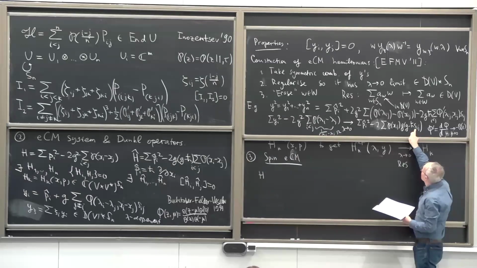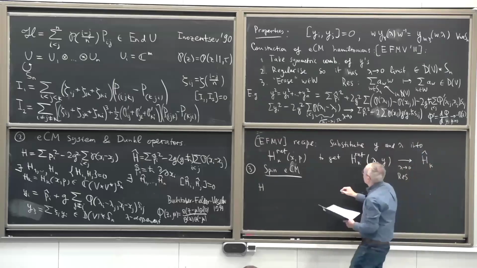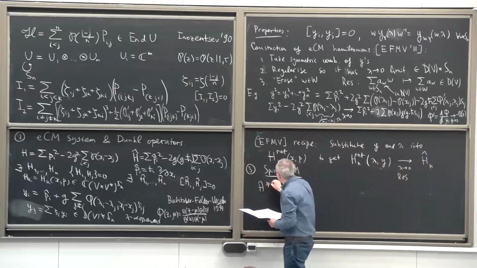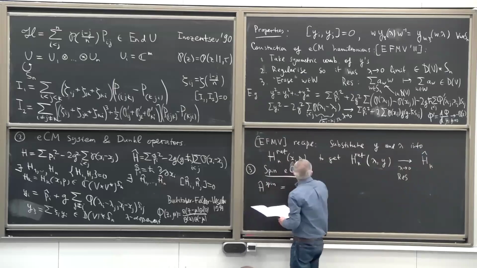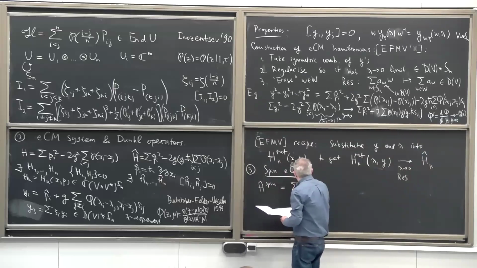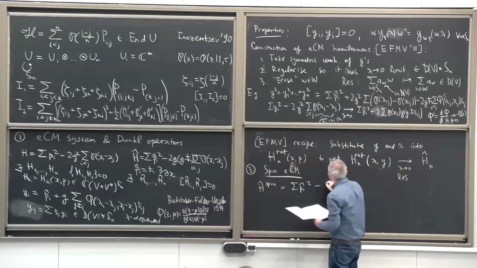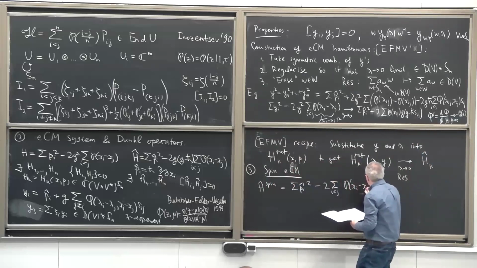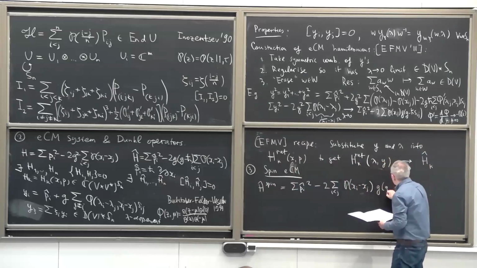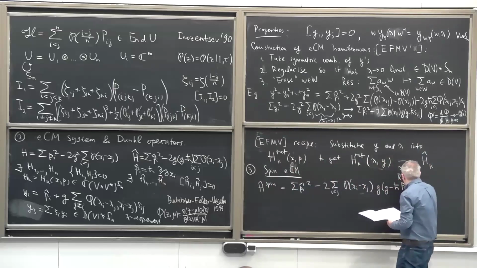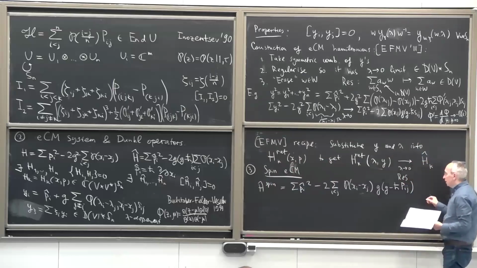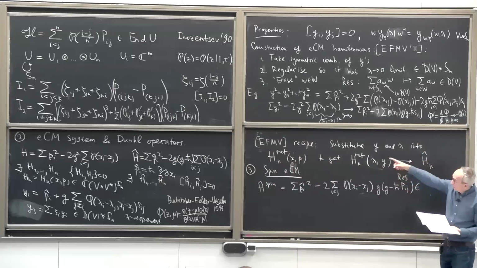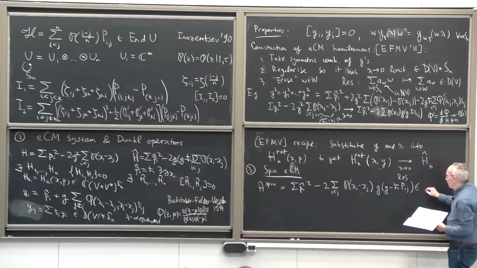I'm going to write the Hamiltonian where this is replaced by Pij, the spin permutation. Minus 2 the function of xi minus xj, and here you have g minus Pij. So this operator you can think of as similar to the Inozemtsev one, so you also have dynamical variables.